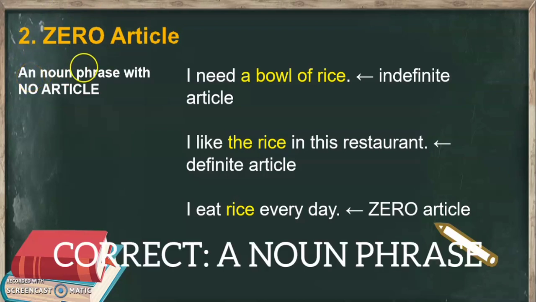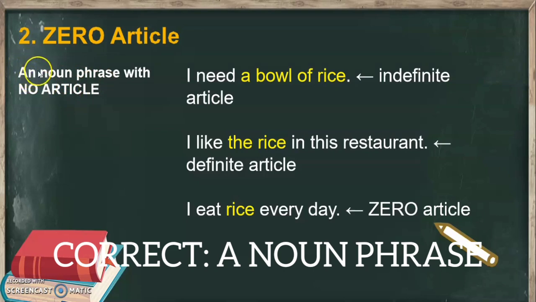So zero article is a noun phrase with no article. Why noun phrase? Remember that a determiner precedes a noun phrase, meaning a determiner is always placed at the beginning of a noun phrase. Thus, our definition: noun phrase with no article.